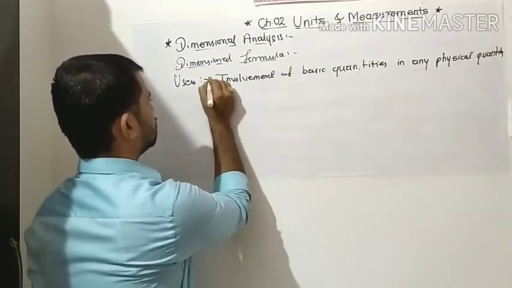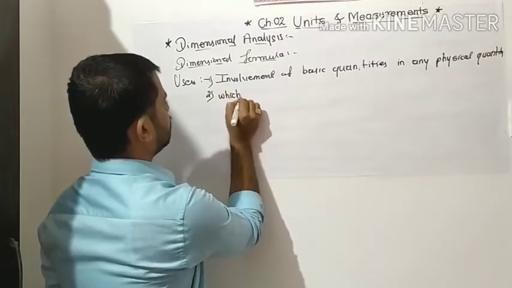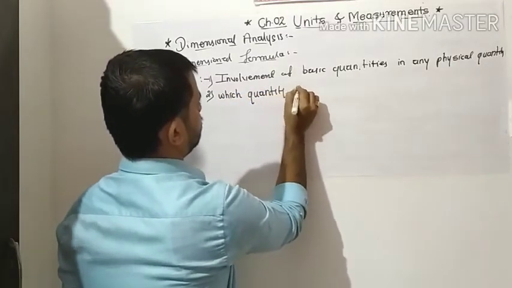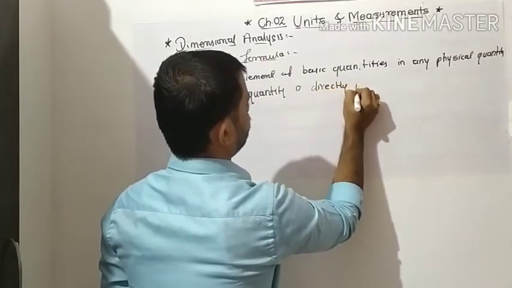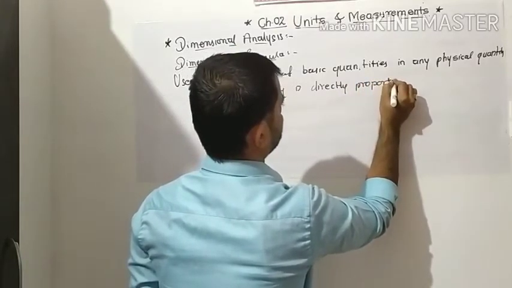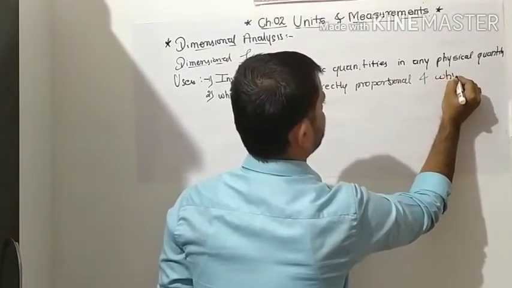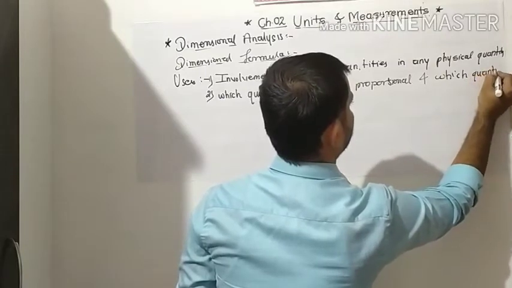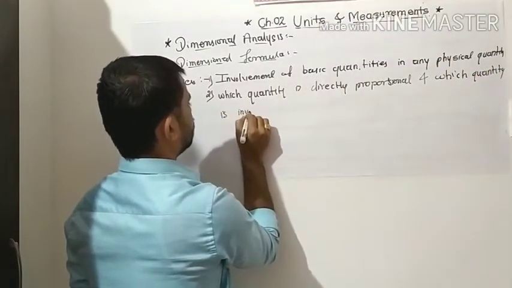Then the second one is which quantity is directly proportional and which quantity is inversely proportional.